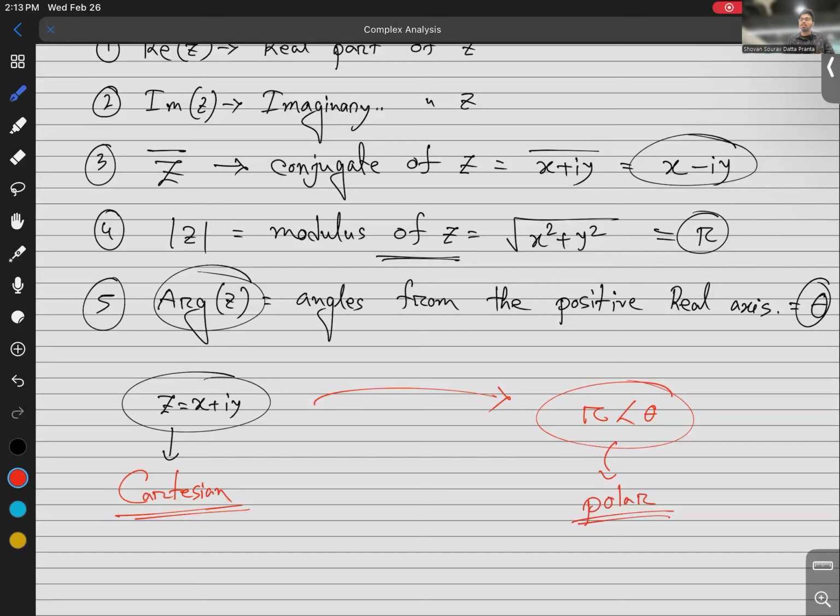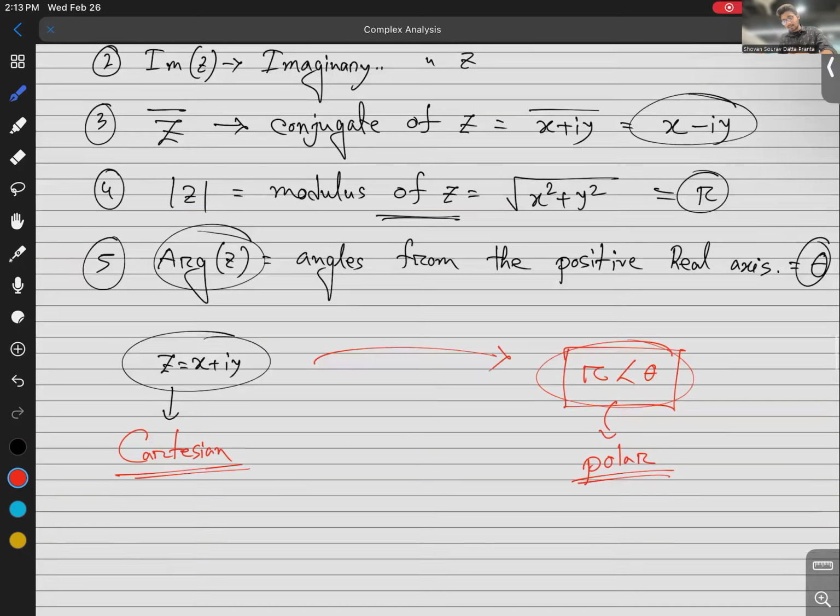We are just considering the representation as r angle theta, but we'll use a very convenient notation later. But up to now, we are just considering the polar form as r angle theta.